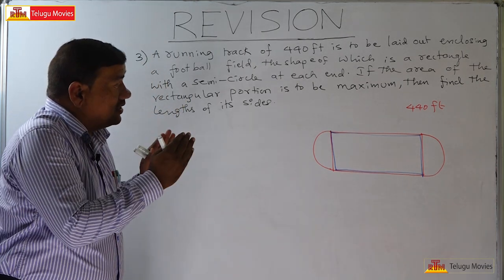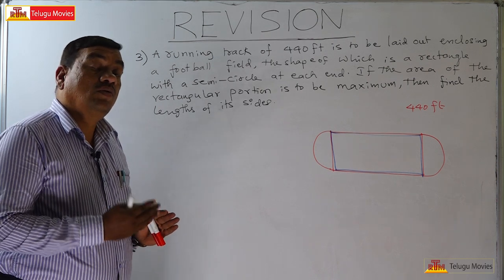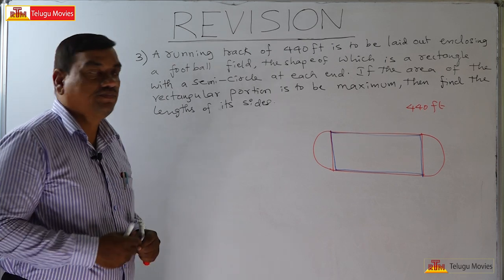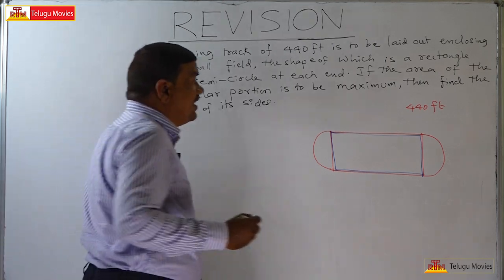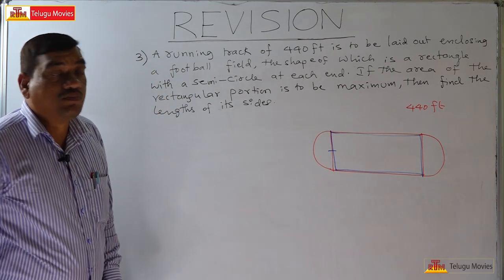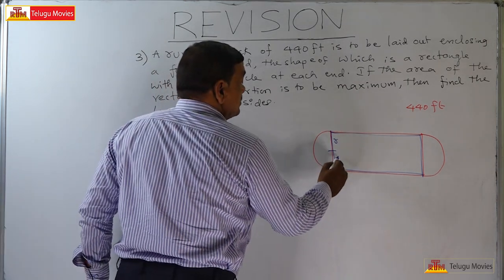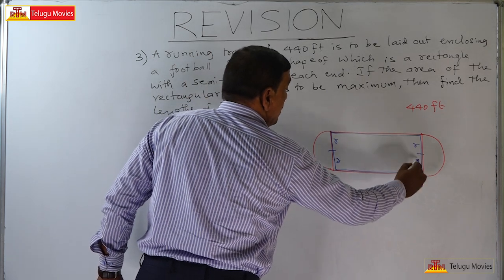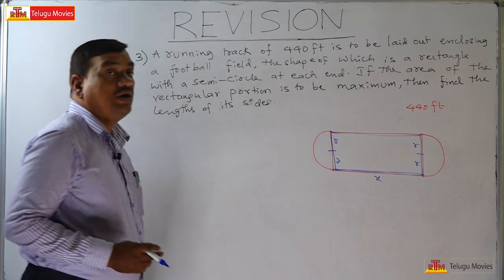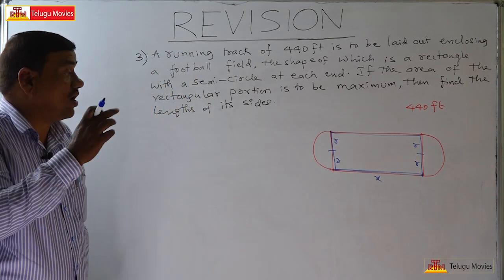And with that restriction, the rectangular portion should be maximum. For that, let the radius of the semicircle be r. This is r, this is r, this is also r. Let the length be x. Now we have to find out the values of x and r.